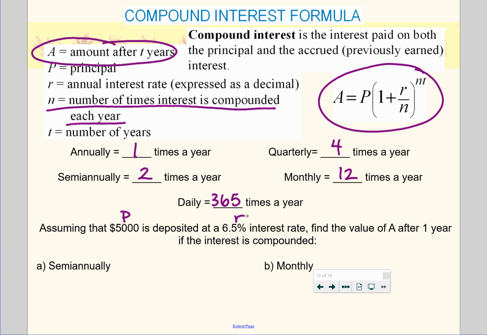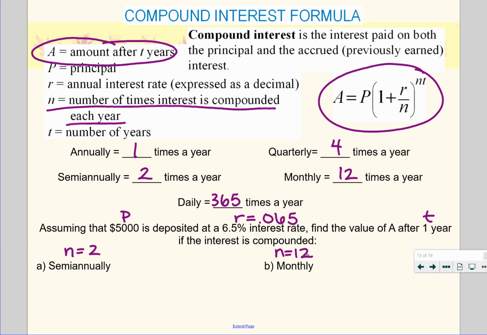R, and if I put that as a decimal, it's 0.065. 1 year is my T, and then semi-annually and monthly are going to give me my N's. So semi-annually, N will be 2. Monthly, N will be 12. That's going to be the only difference between part A and part B. And knowing what you know about compound interest, which one's going to be bigger, semi-annually or monthly? Monthly is going to be bigger. The more times you compound, the more money you're going to make.